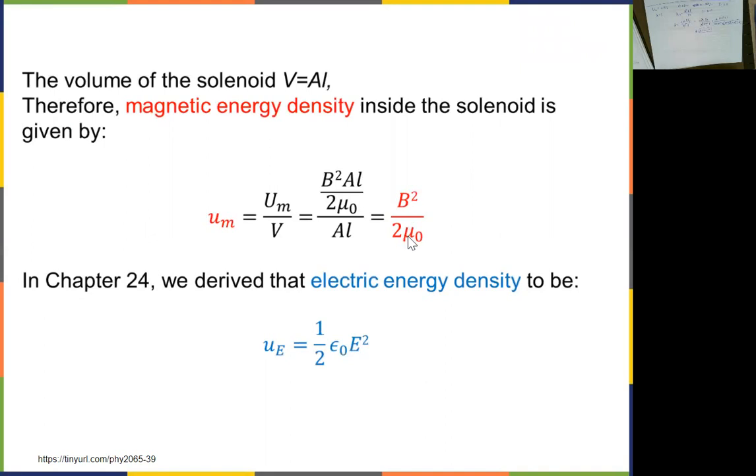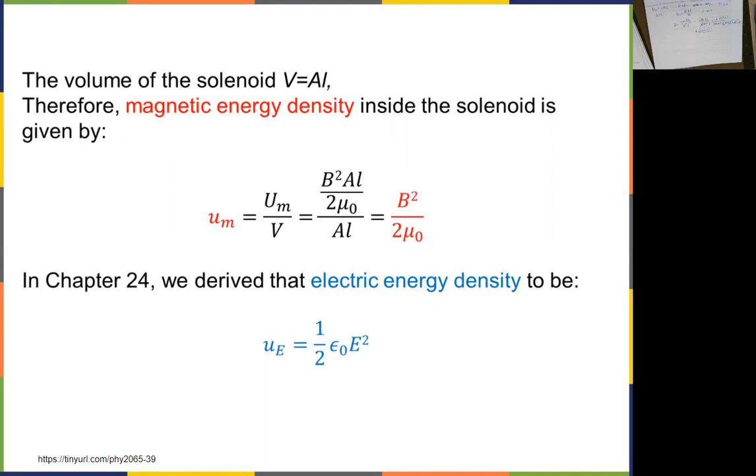This is in the form of the magnetic field, so we call it magnetic energy density. It's basically proportional to the field squared, with the constant being 1 over 2 mu naught.